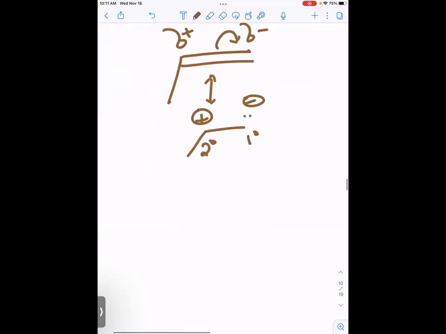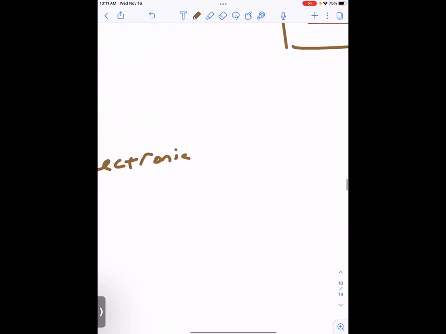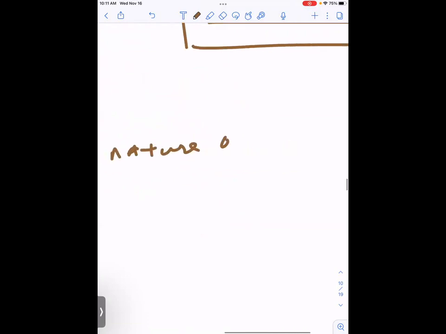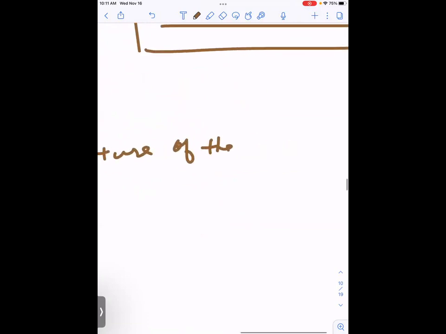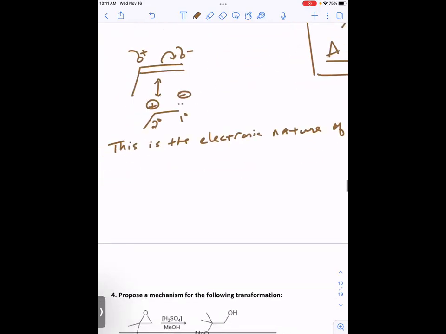And so with that in mind, this is the electronic nature of that pi bond or the double bond. That's the electronic nature of the alkene. The more substituted side is more likely to be positive, because if you make it a cation, it's going to be more stable.